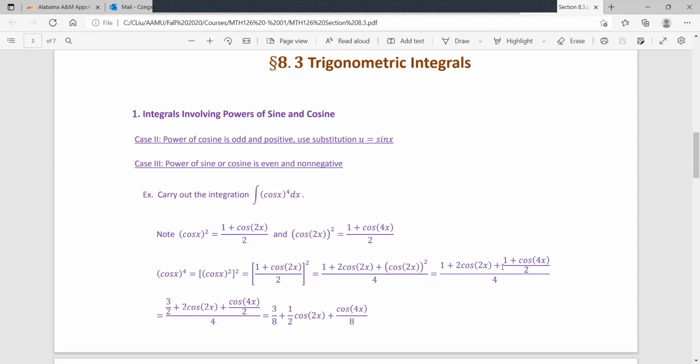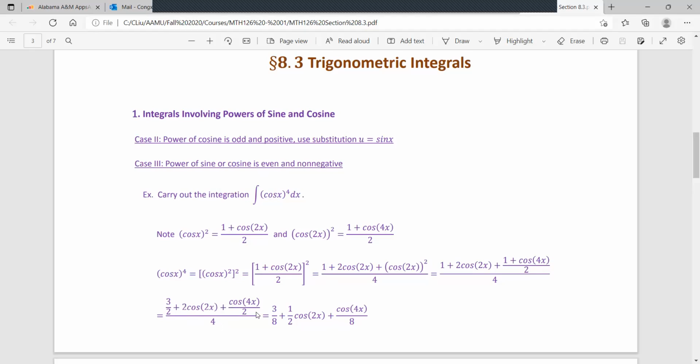Then we can combine like terms on the top and do a little simplification. For example, you can combine 1 plus 1/2 and you get 3/2. So on the top we have 3/2 plus 2 times cosine 2x plus cosine 4x over 2, if you break up 1 plus cosine 4x over 2 as 1/2 plus cosine 4x over 2. The whole thing is divided by 4, so you divide each term by 4.